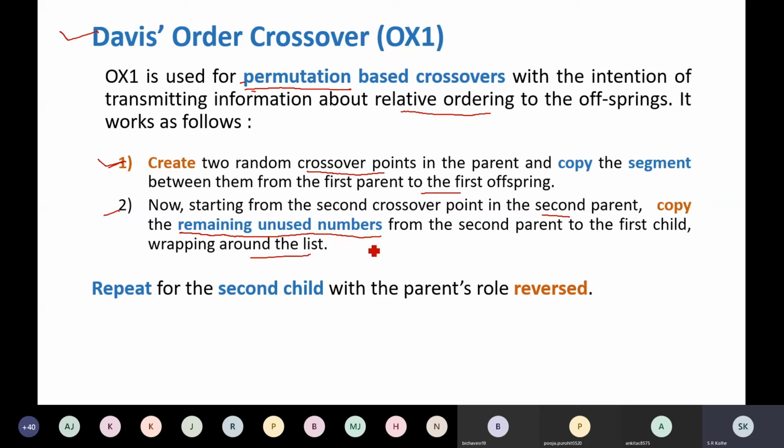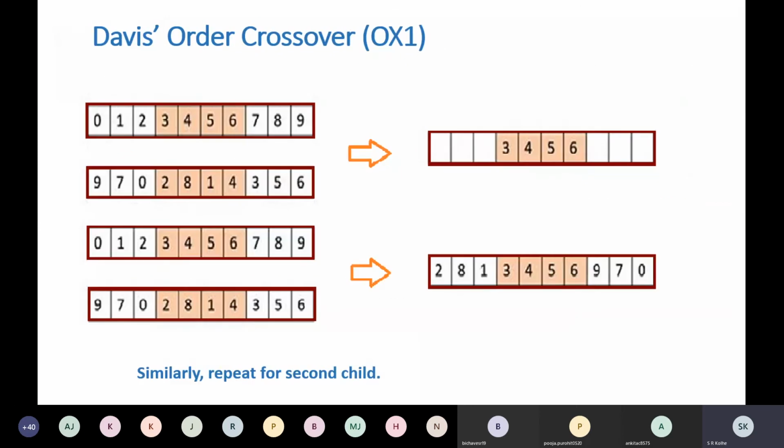These two steps we have used for generating one offspring. For the second offspring, the same process you have to repeat with the parents' roles reversed.